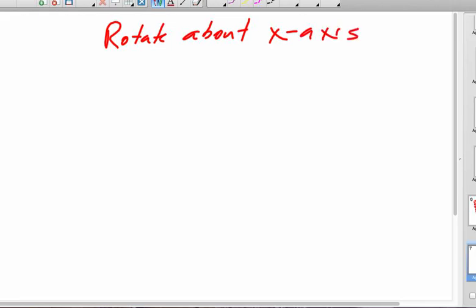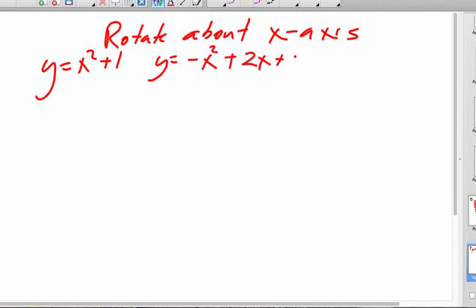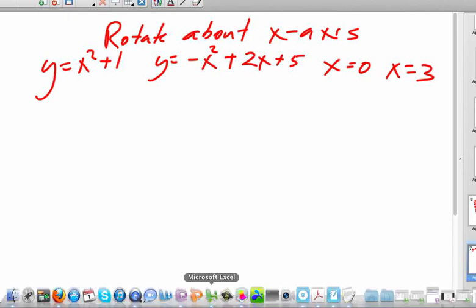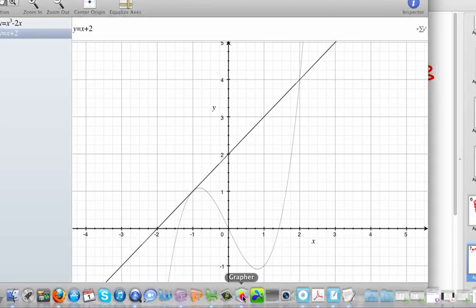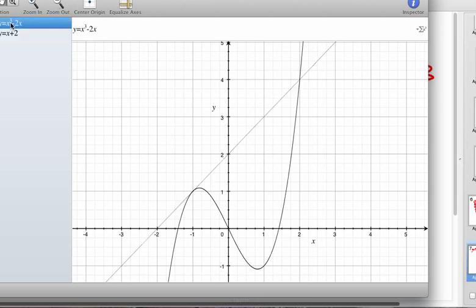And the functions you're given are y equals x squared plus 1, y equals negative x squared plus 2x plus 5, x equals 0, x equals 3. So the first thing I'm going to do then is come in and graph these things.